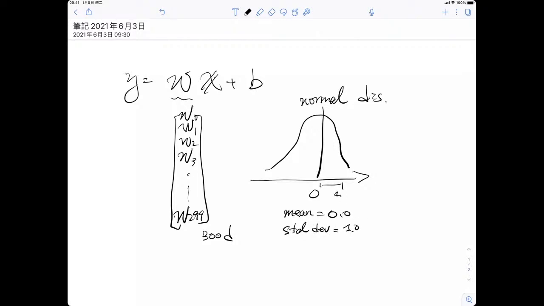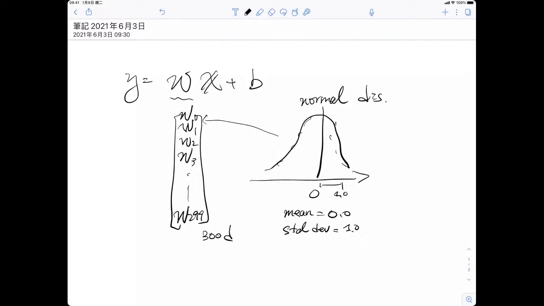They have very nice functions that help you randomly select values and use those values as the initial values. That is one of the strategies you can use to set those values. So the values you use right here, W0 to W299, their initial values come from a simple normal distribution with mean 0 and standard deviation 1.0.